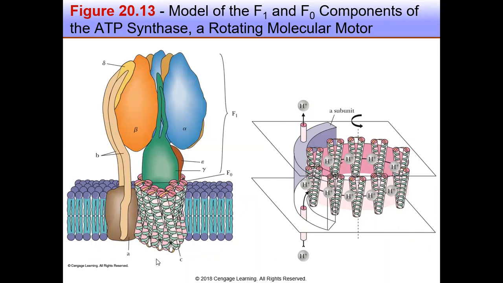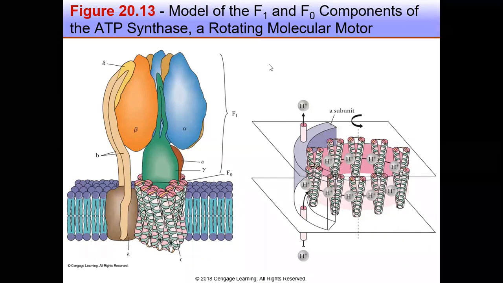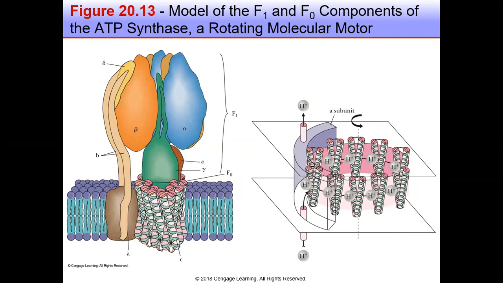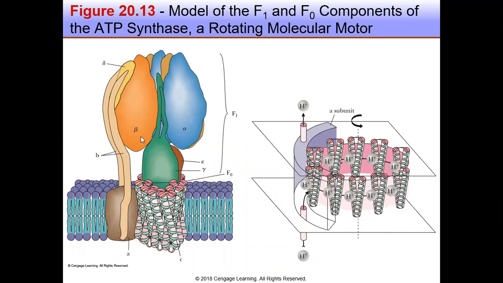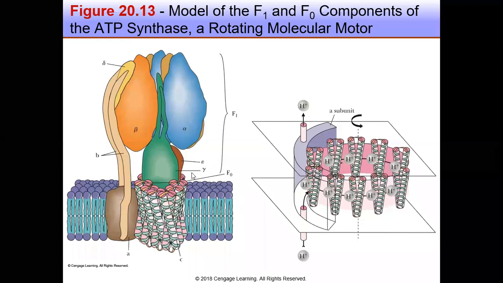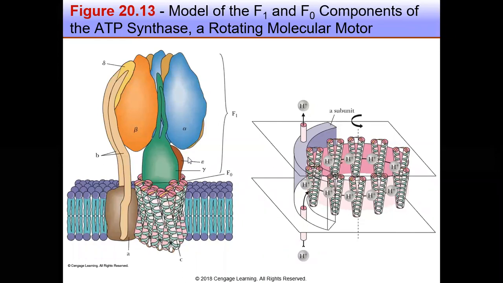Now here we have the so-called FO unit. Now the A, B, alpha, beta, and delta constitute the stator of the motor, whereas the C, gamma, and epsilon subunits form the motor itself.